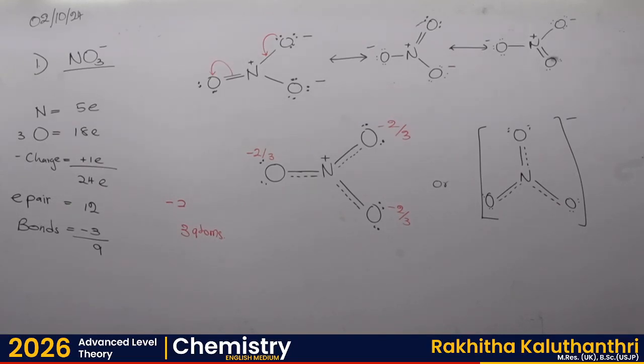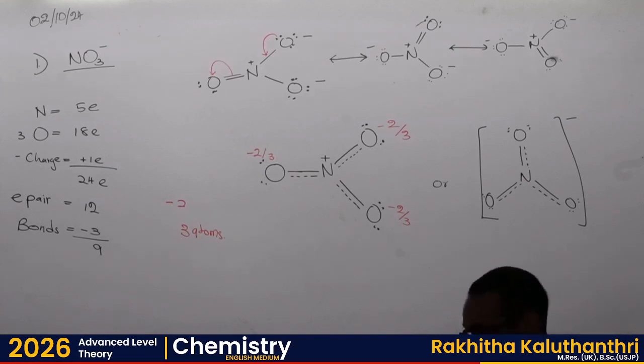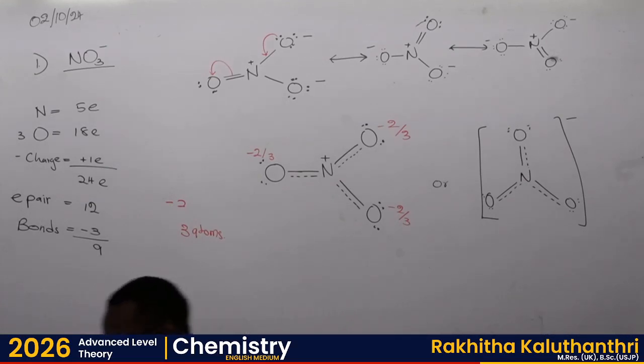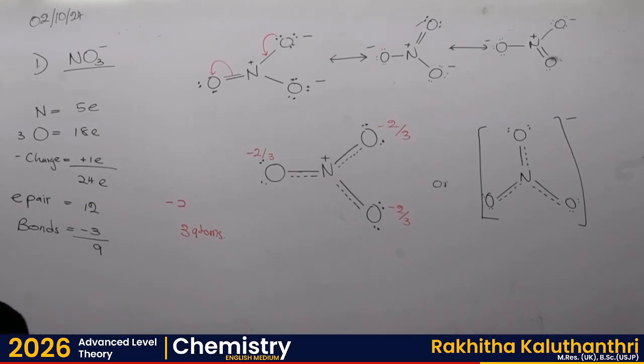Yeah, it can shift between a few different places, correct? Very good. So you are getting it correct. Good. So when it comes to writing charge outside the bracket, it should be 2 minus. 2 first, minus later. Anyone who has done the sulfate ion?